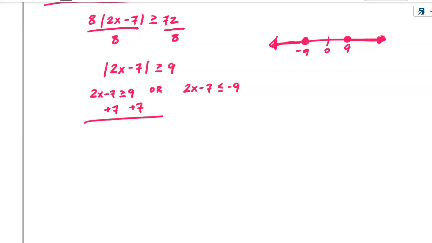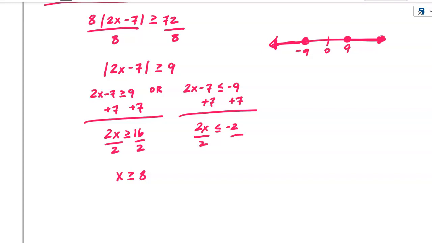Plus 7, plus 7. 2x greater than or equal to 16. Divide both sides by 2. x has to be greater than or equal to 8. Plus 7, plus 7. 2x, divide by 2. x has to be less than or equal to -1.